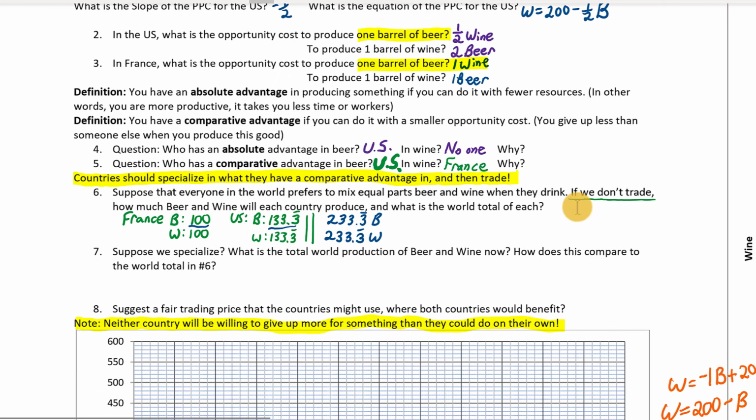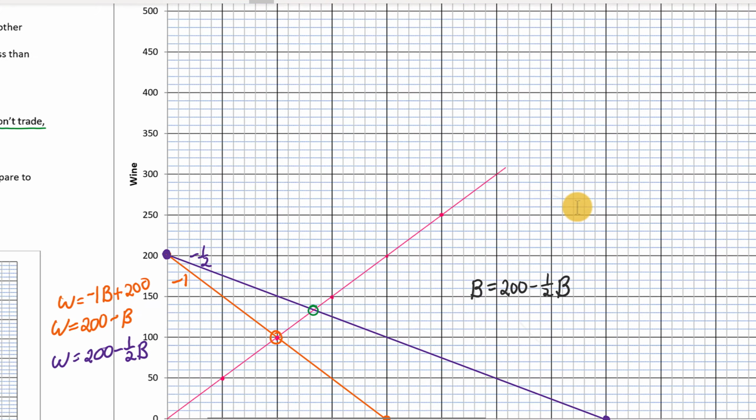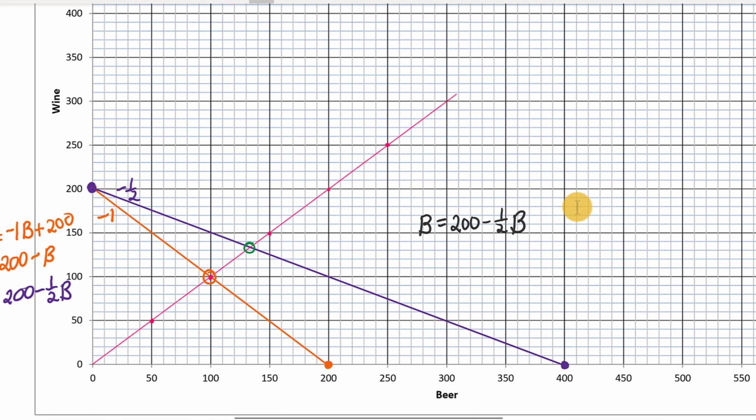Let's go to the graph and let me show you a little trick to help figure out one possible price. By looking at these two lines here, remember the slope of these lines represents the opportunity costs: how much the countries have to give up in order to get 1 more barrel of beer produced.